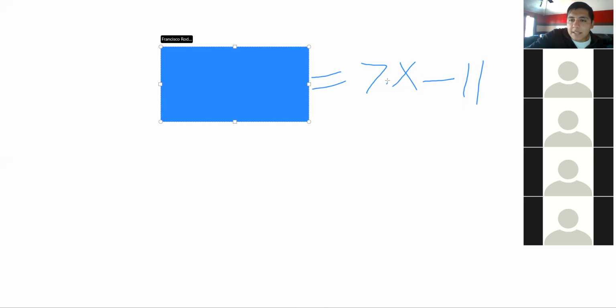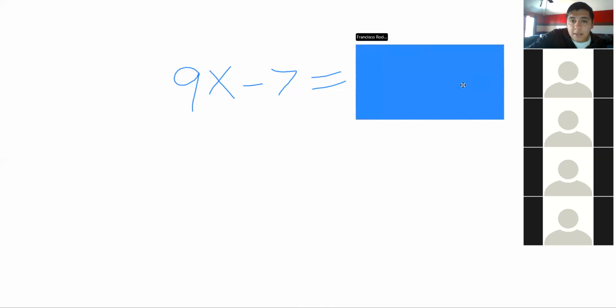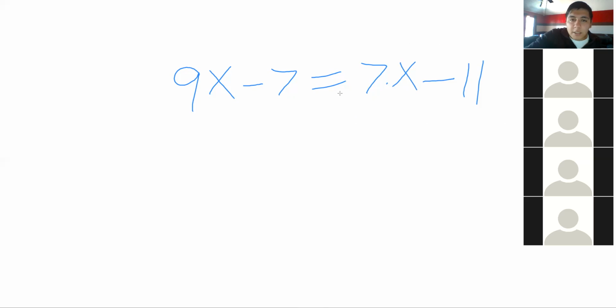For example, on this side, 7x minus 11. Is there anything to do? No. What about this side? No. Nothing, right? Okay, so since we're good, then we can start solving this equation, okay?